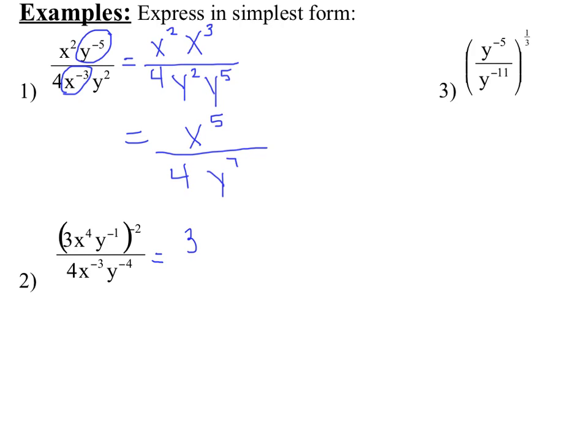So I'd have 3 to the negative second, x to the fourth to the negative second, and then y to the negative first to the negative second. All divided by 4x to the negative third, y to the negative fourth.